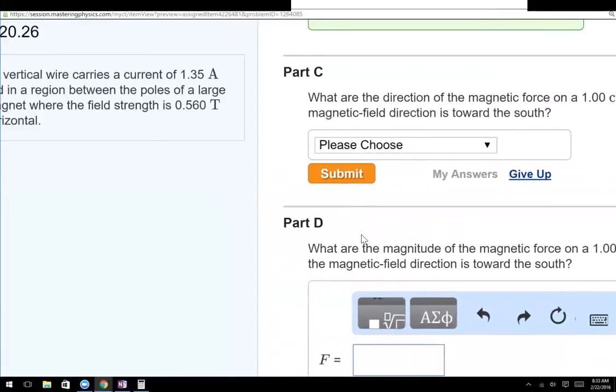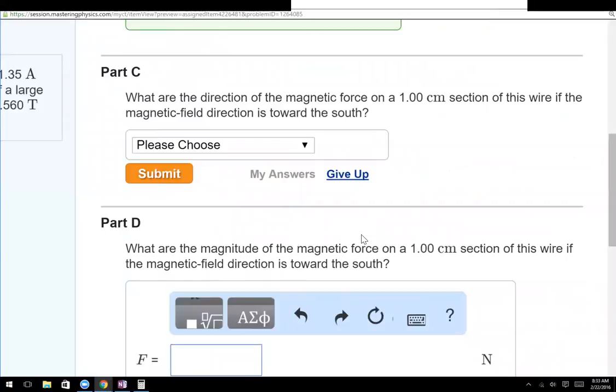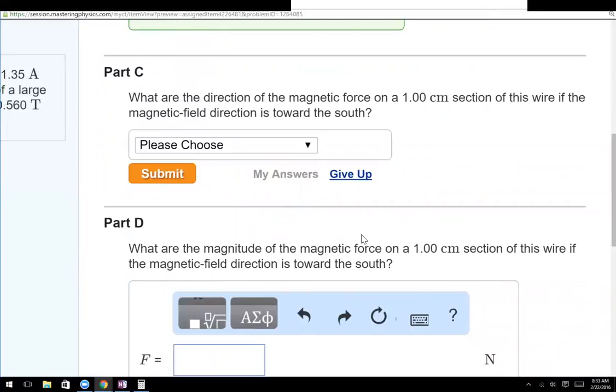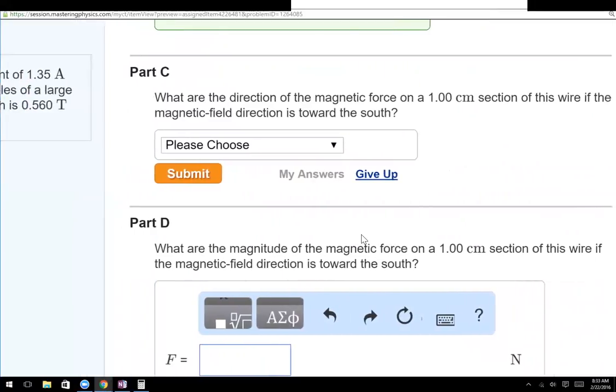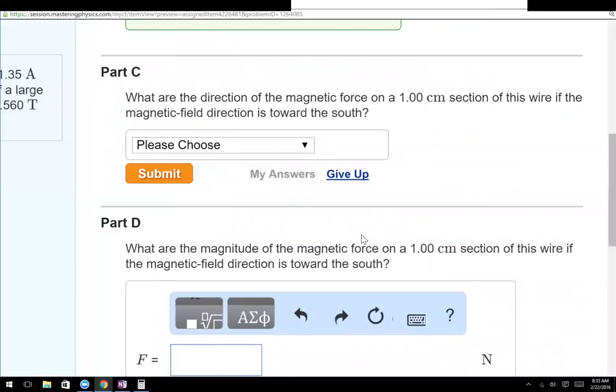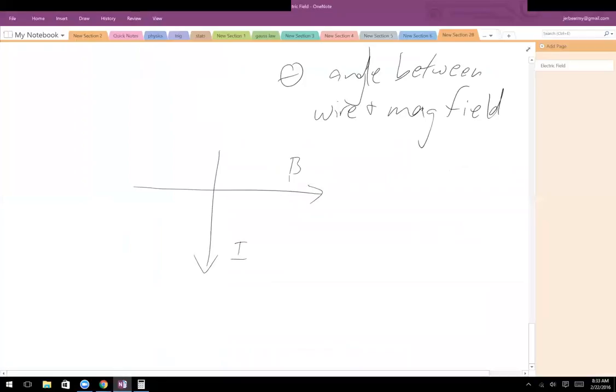Okay, now if the magnetic field direction is toward the south, well, nothing has really changed at all. The only difference is now this is pointing south instead of pointing east. So straight out of the board, if B was pointing south, would be to the west.